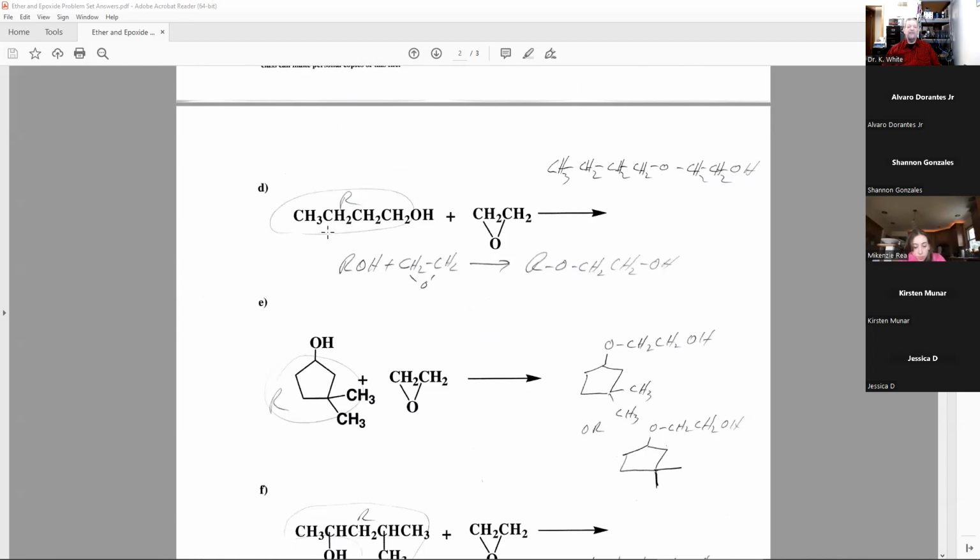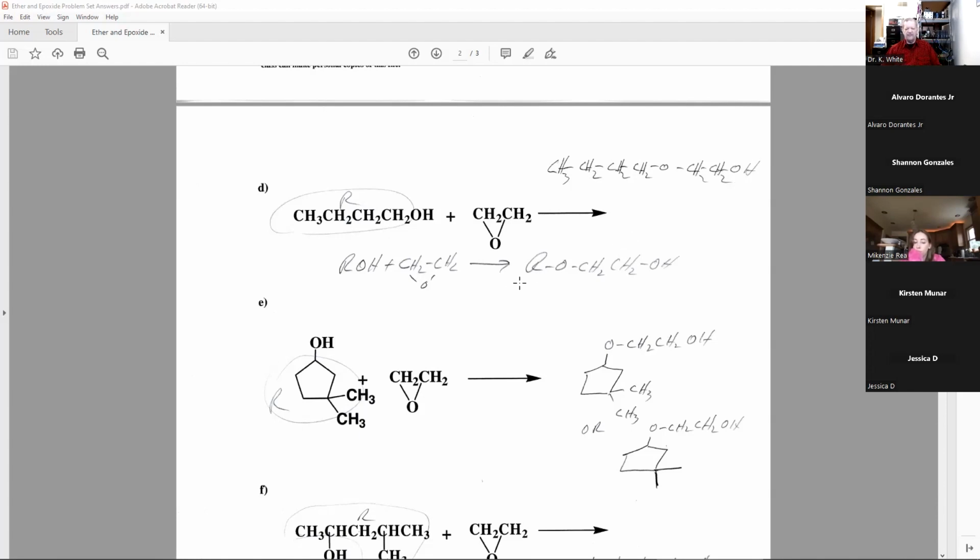What's R? N-butyl. The carbon with the hydroxyl group is the carbon in R with the oxygen. Do you break carbon-carbon single bonds? No. Four carbons, oxygen, CH2CH2OH.